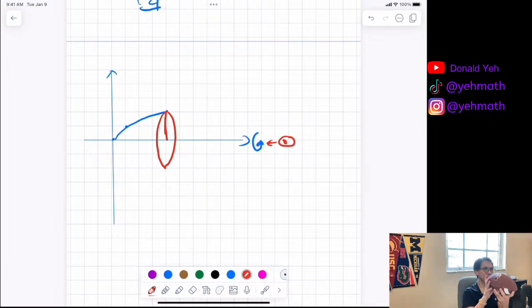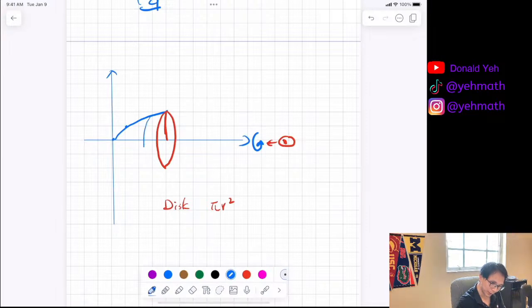A circle. So that's called a disc, so it's called the disc method. The disc method is formed by pi r squared. And you're like, okay, what is pi r squared? Well, if you think about it, this has different radii. If I'm going inner a little bit, I'm going to have a smaller radius here, but it's constantly changing.